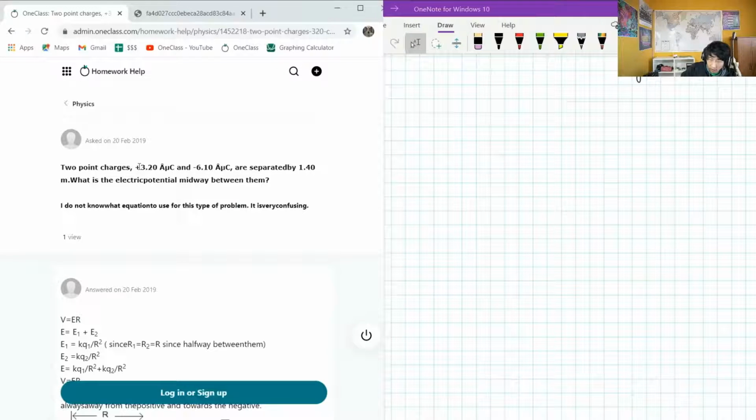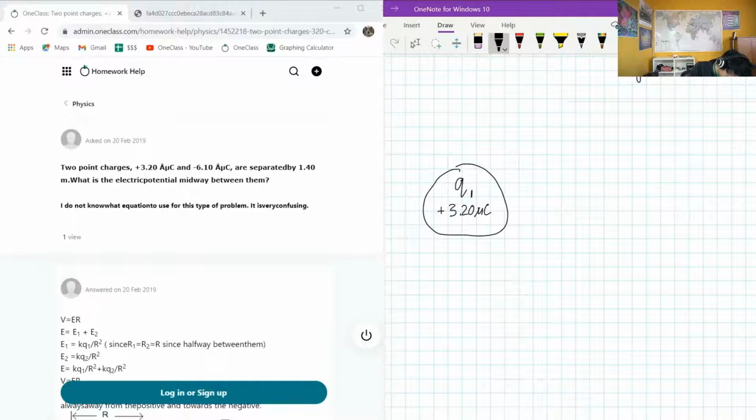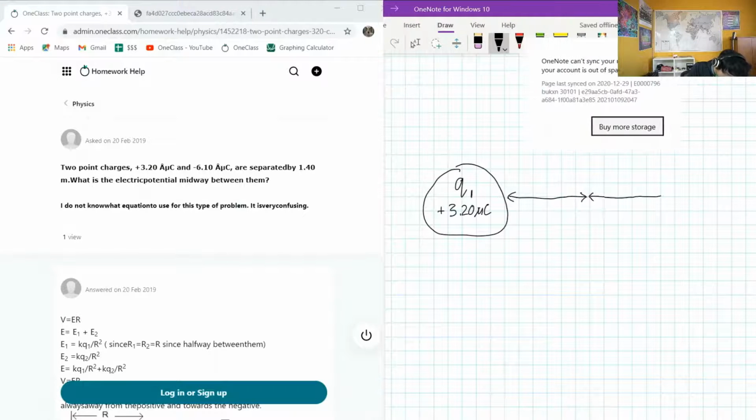So let's draw the first one. Let's make this Q1. We have positive 3.2 microcoulombs, and we're looking for the point halfway between them.